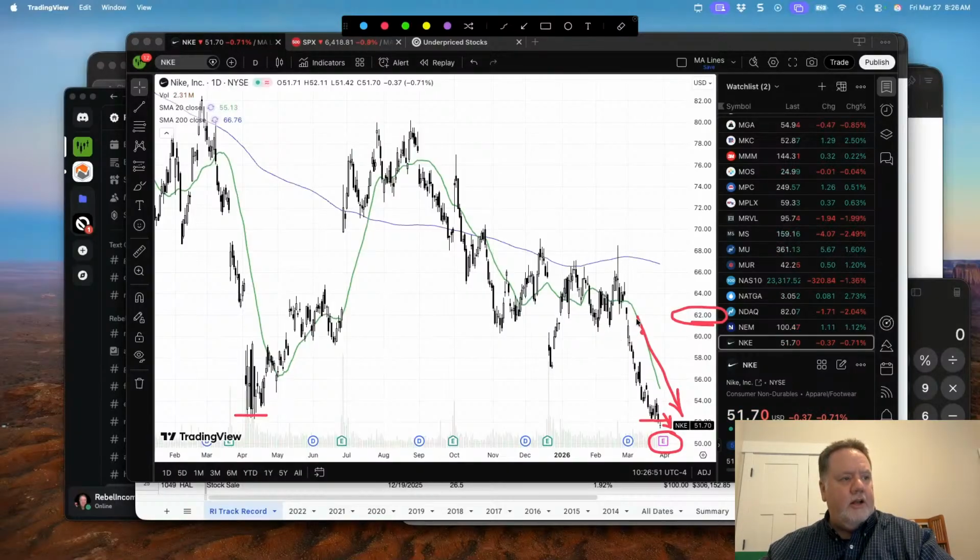Now, I still like Nike at 62. The fundamentals are definitely not in agreement with what the stock's price action is doing. The price action is 100% right now correlated to some of these broader conditions going on in the marketplace. Nike is one of these companies with a global footprint.